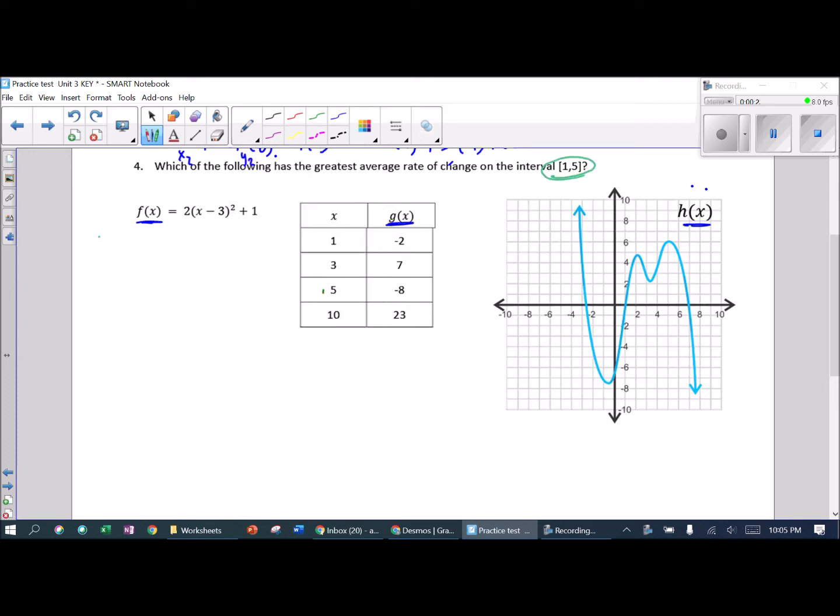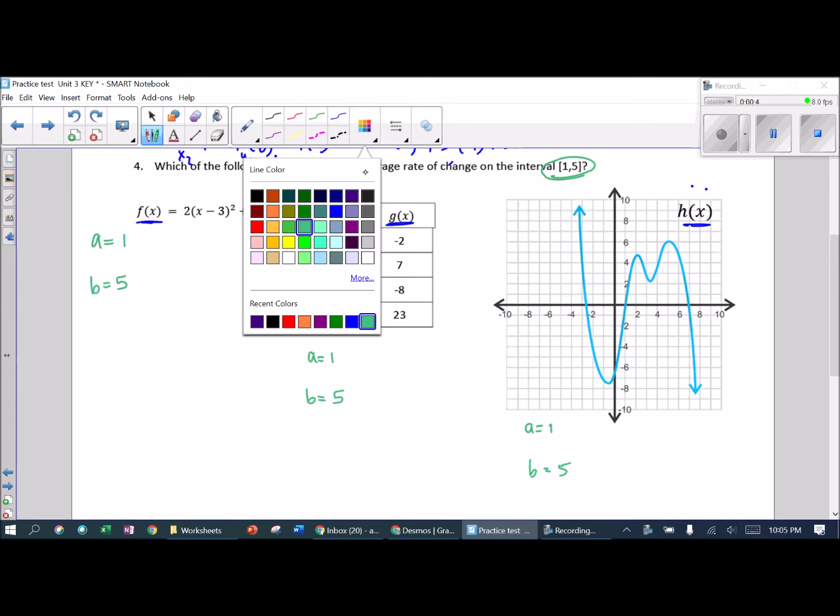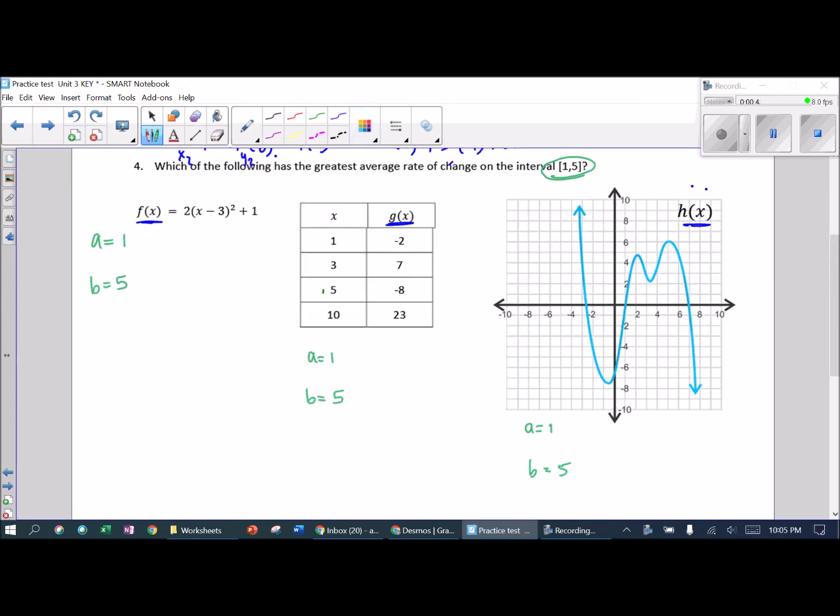So for every one of these, a is equal to 1, b is equal to 5. And essentially what we're doing is we're trying to find the f values for each one of those. So I need to know what f of 1 is, because I'm looking for an x and a y, x1, y1, and an x2, y2.